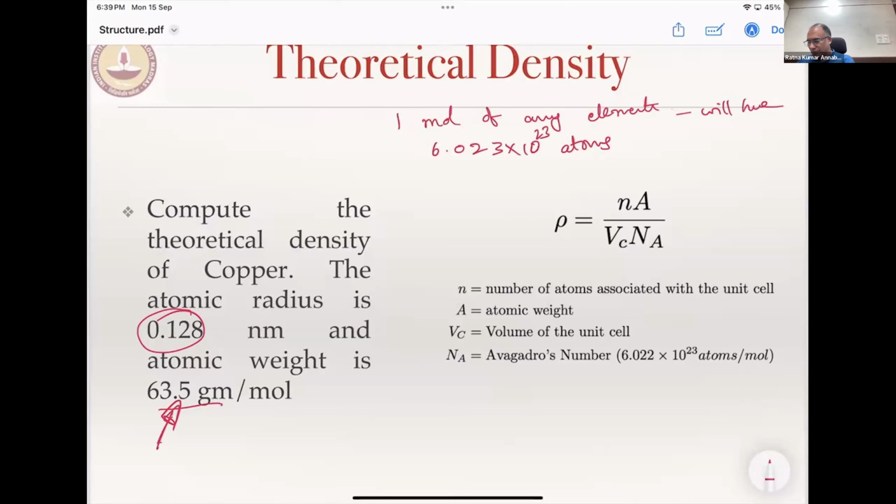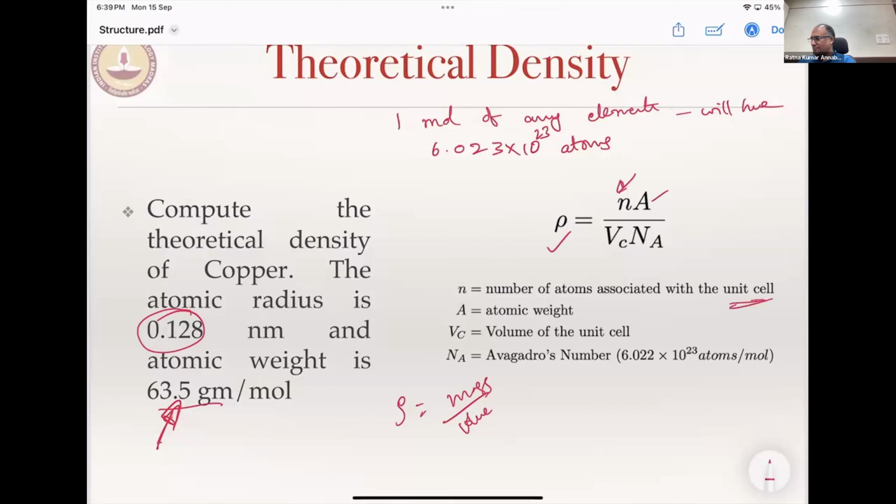Now, density of copper. What is density? Mass per unit volume, right? So the density of any material is given by the number of atoms associated with the unit cell. Per unit cell, how many atoms are there?